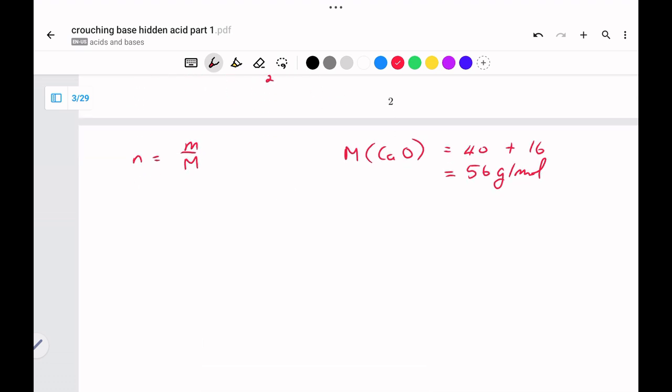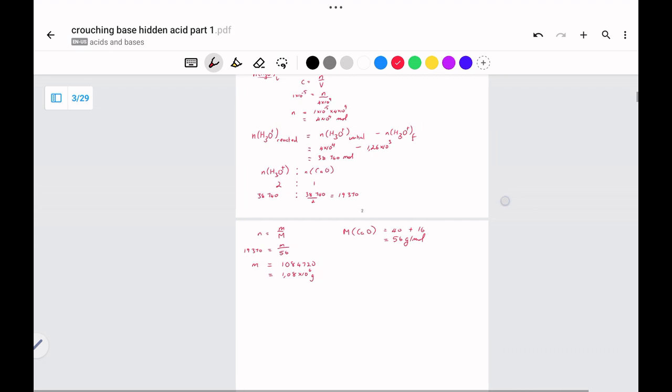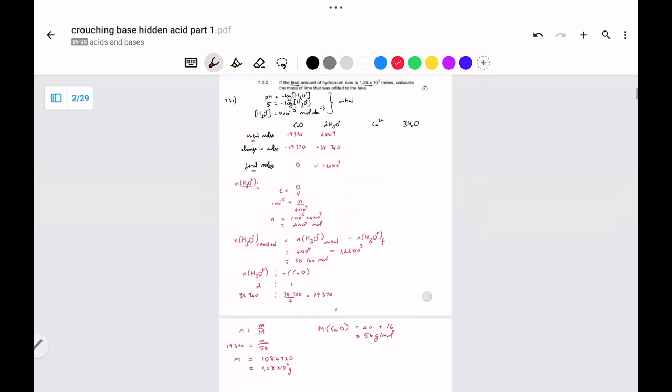Then if we use this formula, we will get 1,084,720, which is 1.108 times 10 to the 6 grams. Done. So that's all our working out.